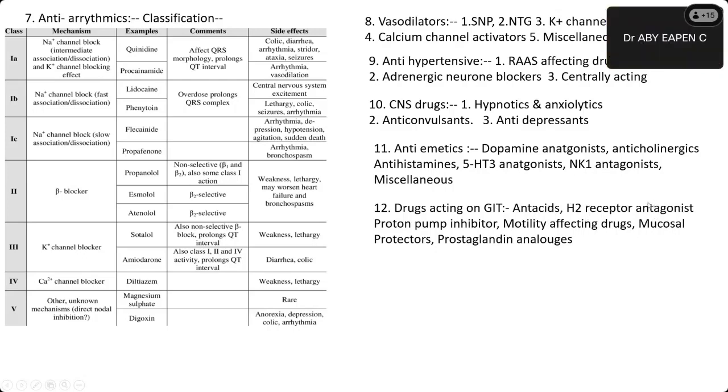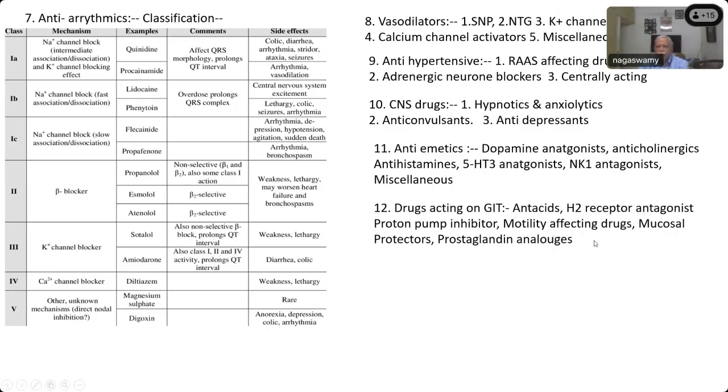What is the example? Ranitidine. Nowadays, ranitidine is not that frequently used because of a cardiac problem. What is the cardiac problem with ranitidine? Tachycardia, and more than that, it can produce junctional ectopics. The most important abnormality it can produce is junctional ectopics.